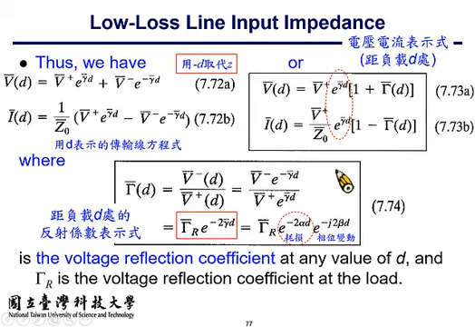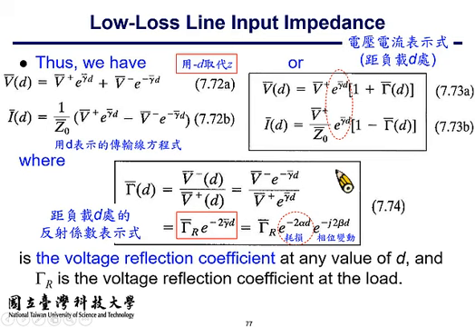V minus is the negative going voltage at the termination, times exponential minus gamma D. This adjusts the magnitude and the phase due to the return propagation, the propagation to the left.